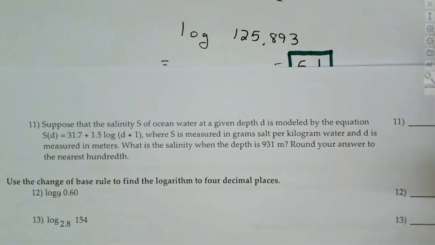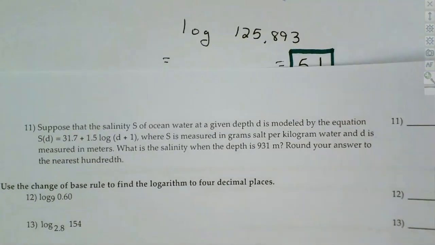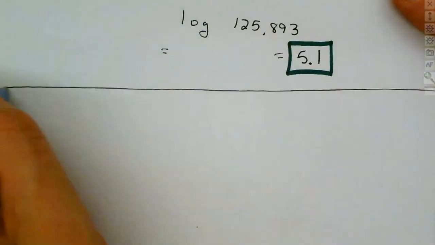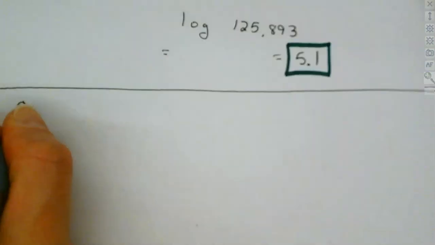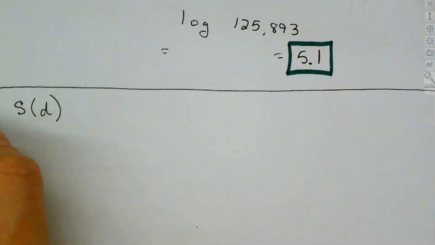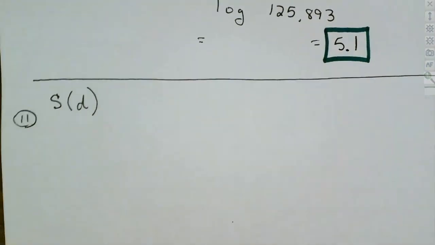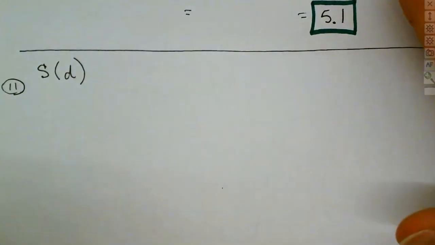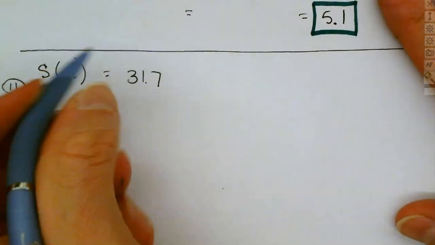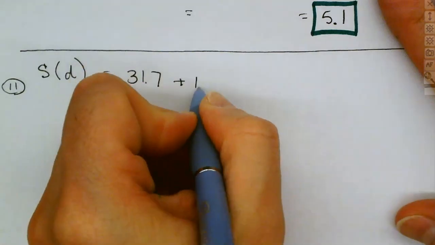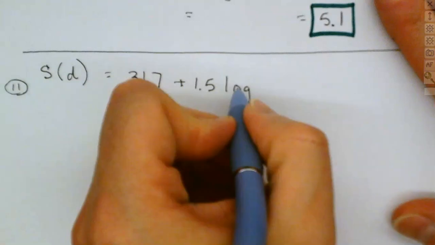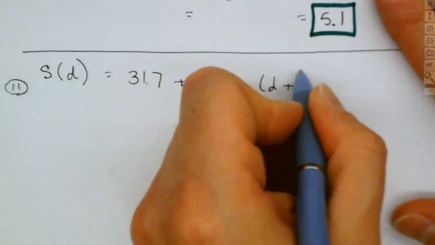So the salt content of water changes with the depth. So we have a formula here, and we're just going to have to plug in the values. So we've got S of D, that's the salinity, and this is question 11, by the way. So we're looking at S of D, and S of D is 31.7 plus 1.5 log of D plus 1.